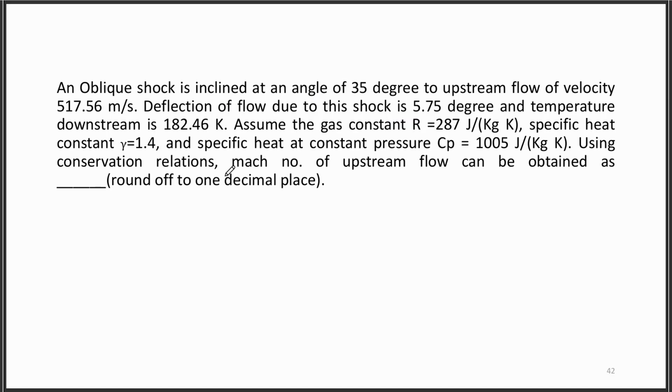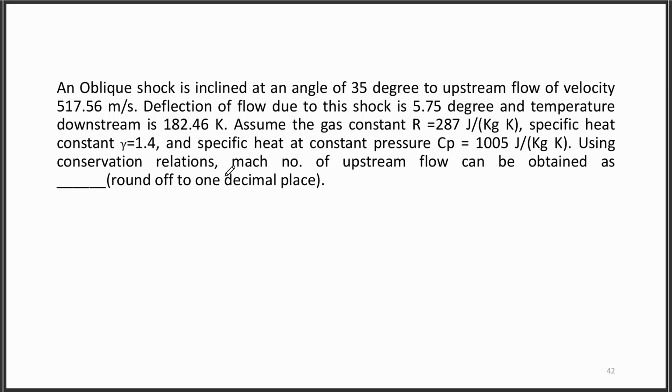Now we will see one problem. An oblique shock is inclined at an angle of 35 degrees to upstream flow of velocity 517.56 meter per second. Deflection of flow due to this shock is 5.75 degree and temperature downstream is 182.46 Kelvin.